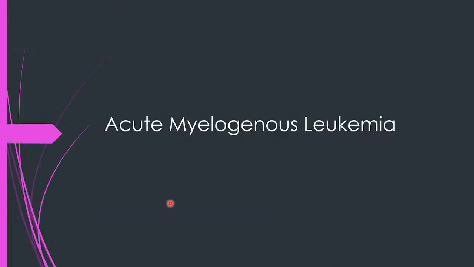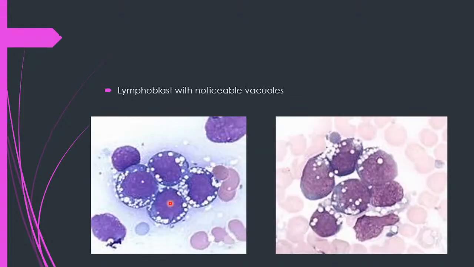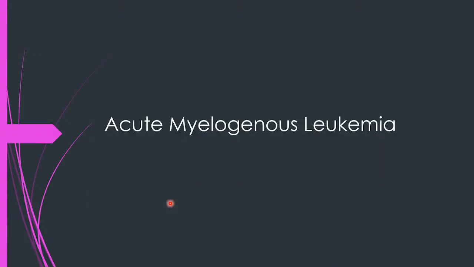All right. Now that we're finished with lymphoblastic leukemia, we're going to continue with acute myelogenous leukemia. And I think a lot of questions will arise from acute myelogenous leukemia, so I will put a star here.